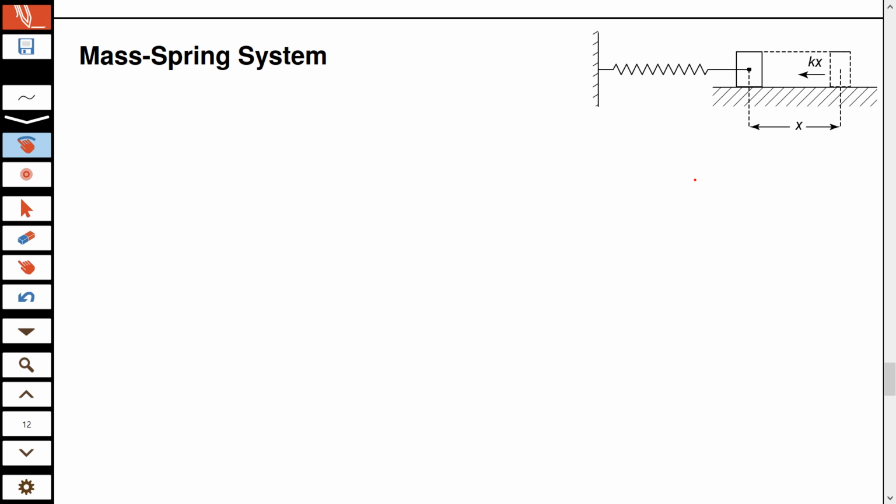So let's use this concept for a mass spring system, and just write our criteria that the acceleration must be proportional to minus displacement. We will use this criteria for simple harmonic motion.